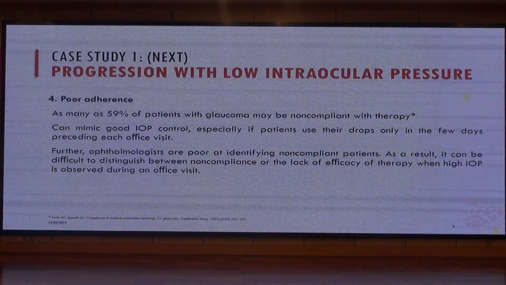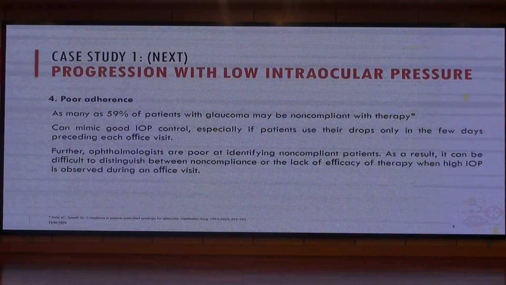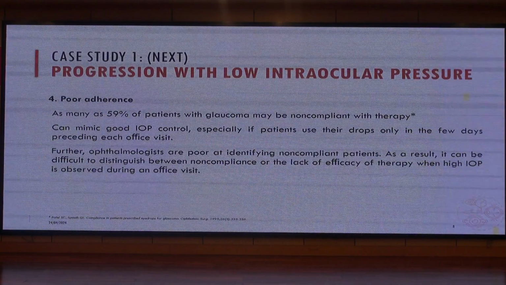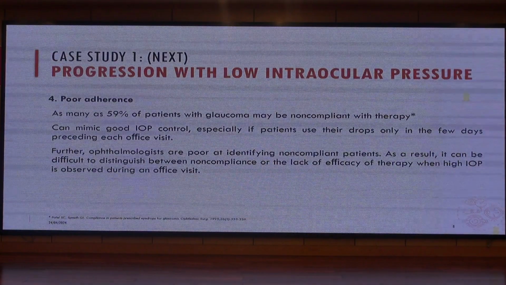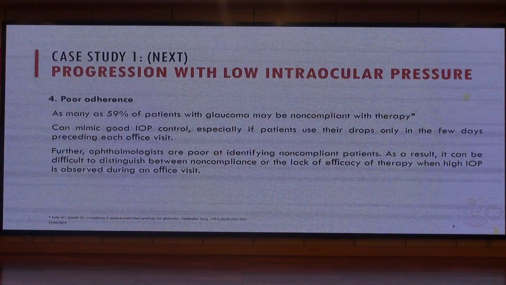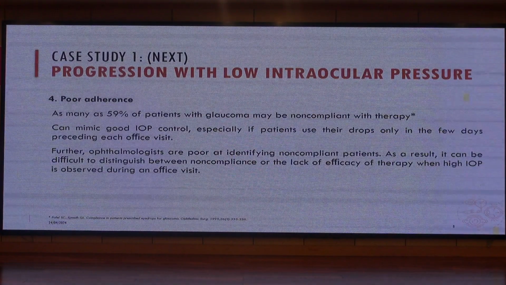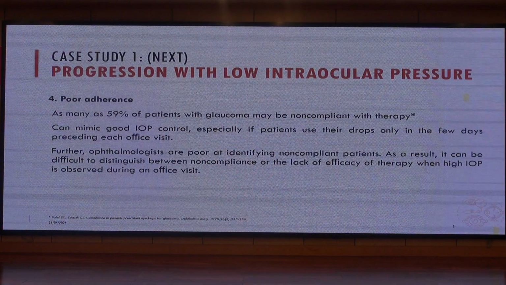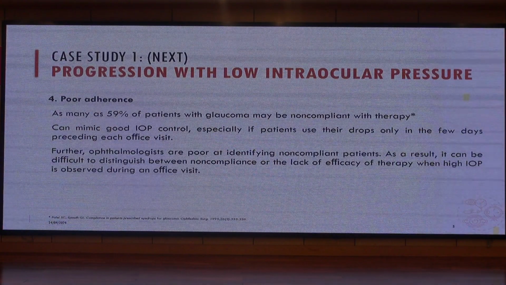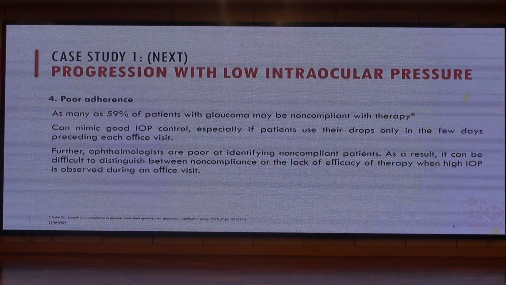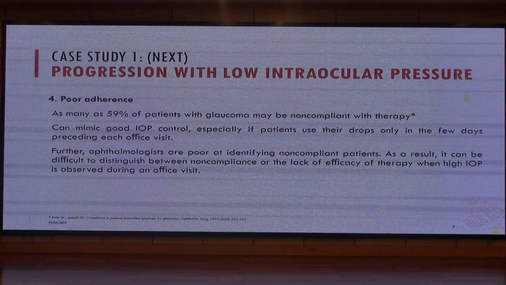Poor adherence is always a consistent problem in chronic glaucoma management. We know that nearly 60% of patients with glaucoma may be non-compliant with medical therapy, and this can mimic good IOP control. Many patients only use their drops a few days preceding each office visit.